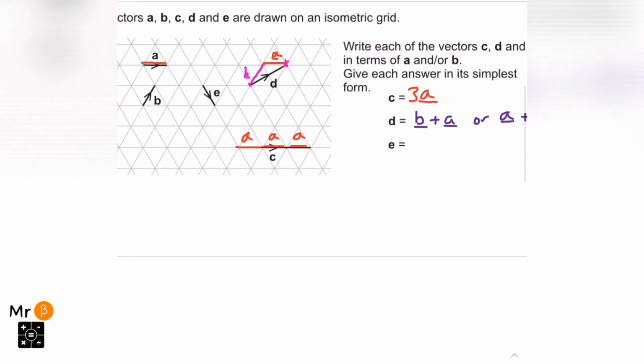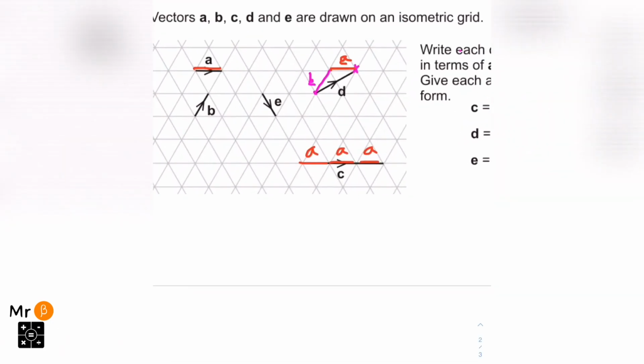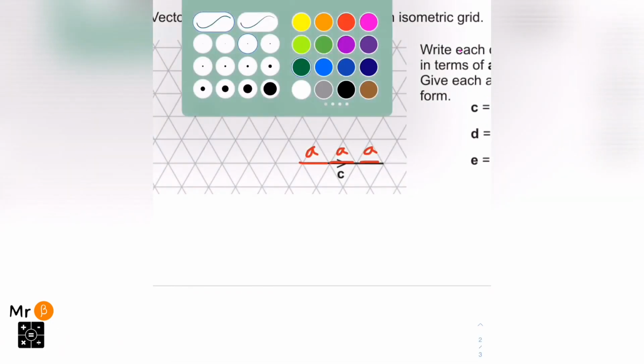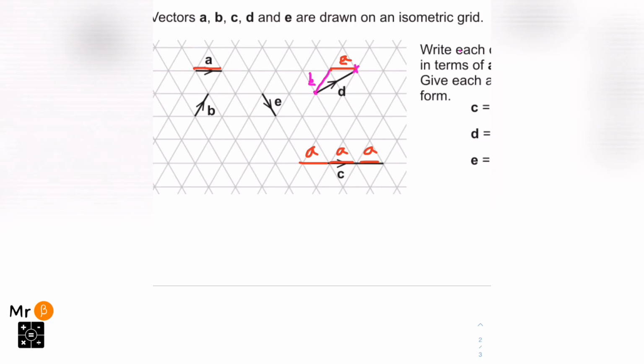Our final one, probably the trickiest one, part E. So again, we just need to be able to work out how we've gone from our starting point to our end point. We can move across, which I already know is this vector A, and then we're going to move backwards down to our ending point.